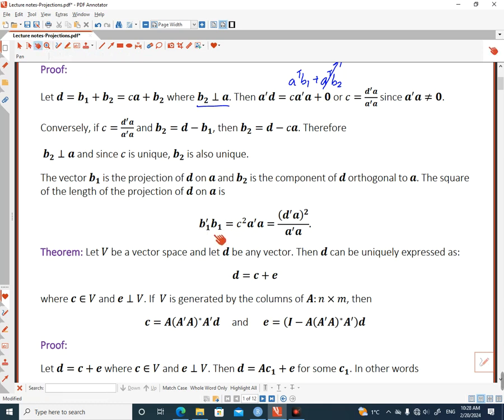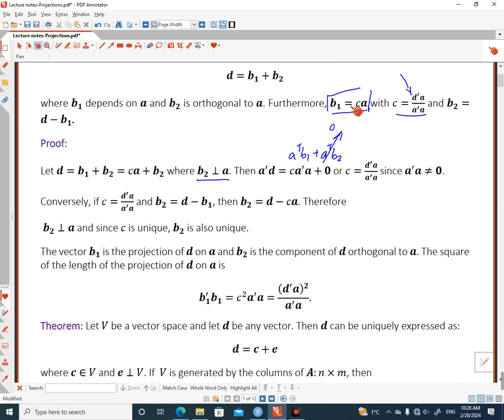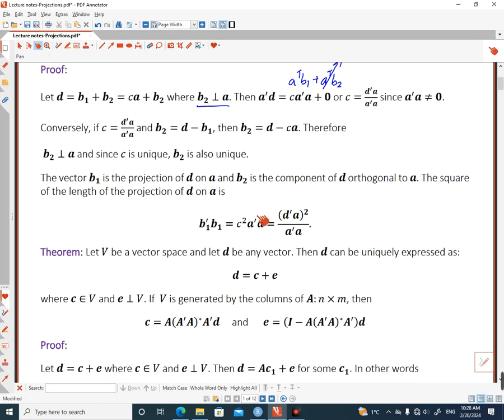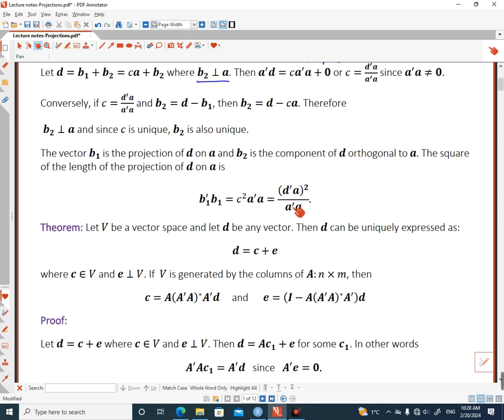If I replace B1 with CA, it is C squared A prime A. And if I replace C with this coefficient squared, then the square length is given by this formula. We will need this square length of the projection for the sum of squares.